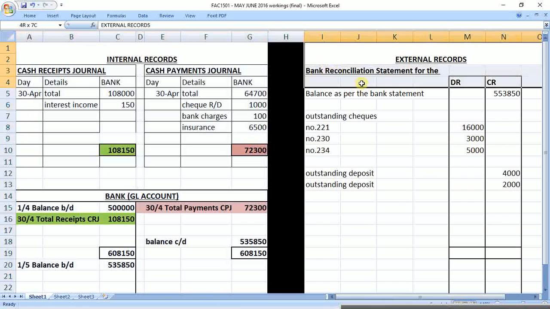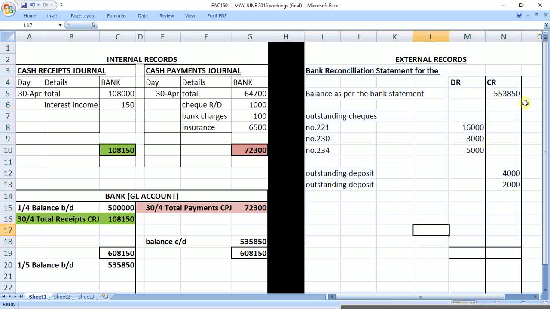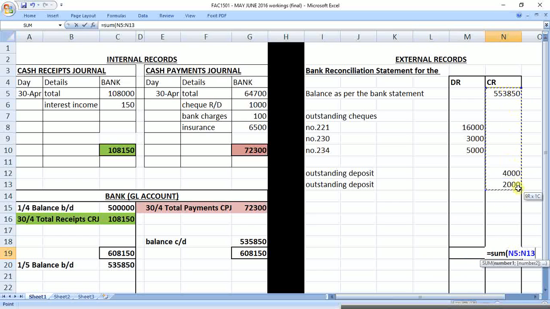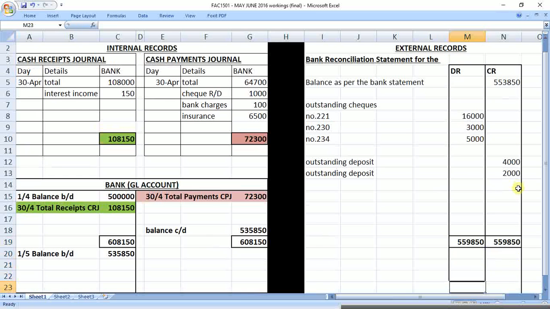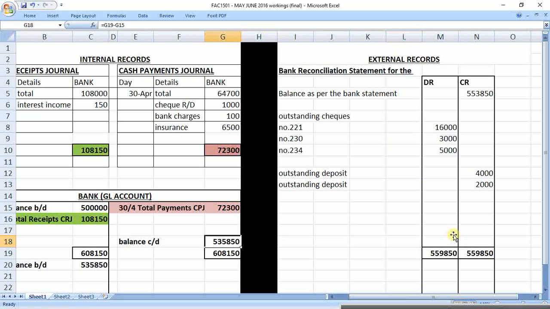And there's your internal records. So now our internal records need to balance with our external records. How do I balance that? The total of the credit side, because that side's bigger. Sum up all of that, gives me that answer. Want the same answer on both sides.